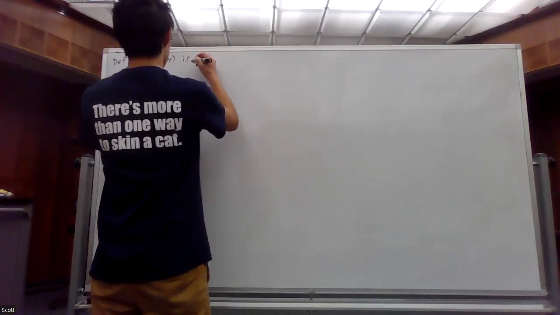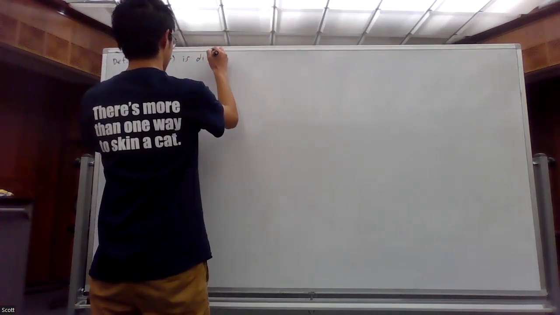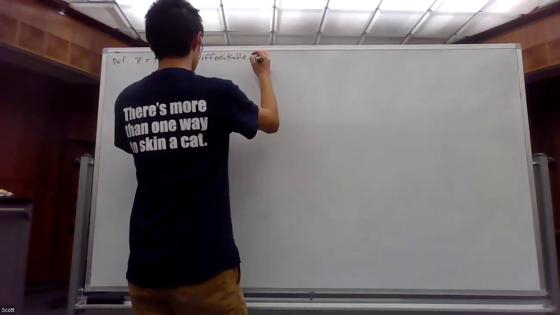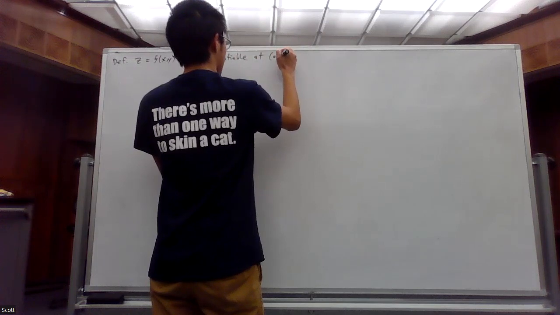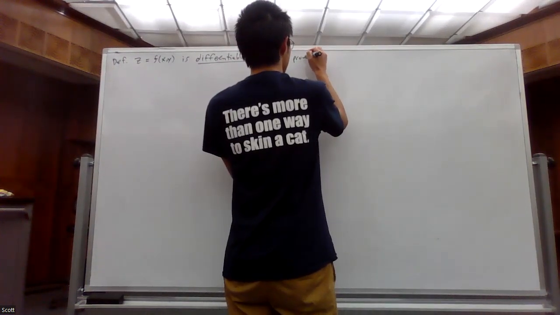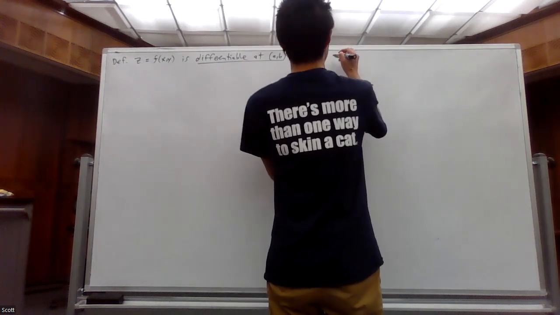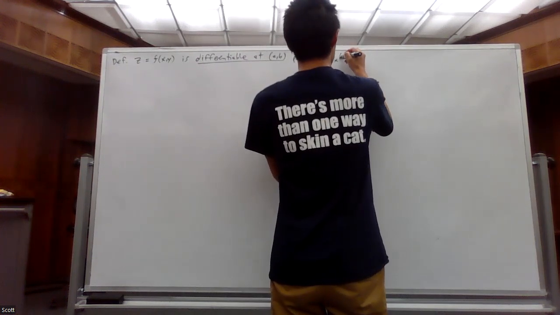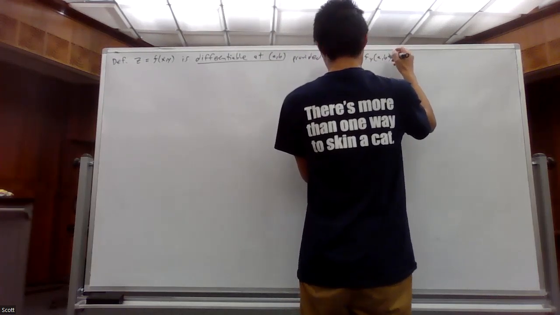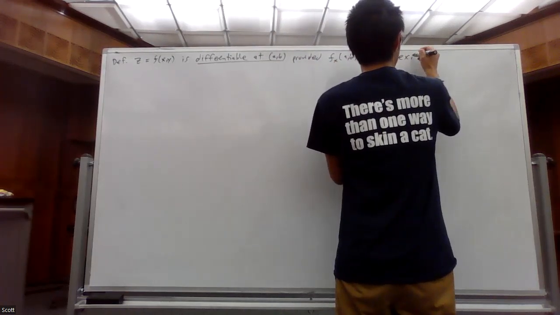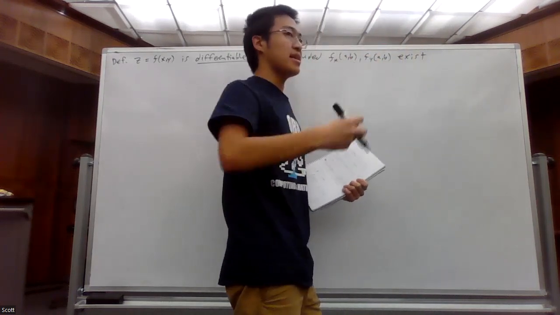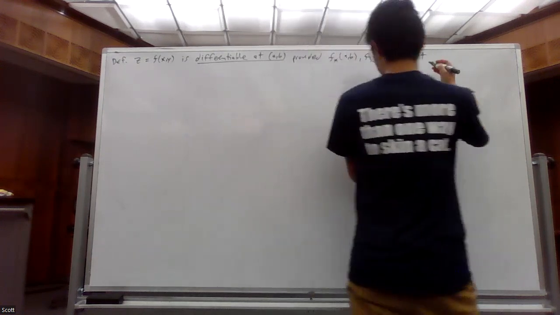So z = f(x,y) is differentiable at some point (a,b) provided there's a whole laundry list of things. f_x at (a,b) and f_y at (a,b) exist. As I write this out, pair every single condition with the analogous condition from Calc 1.